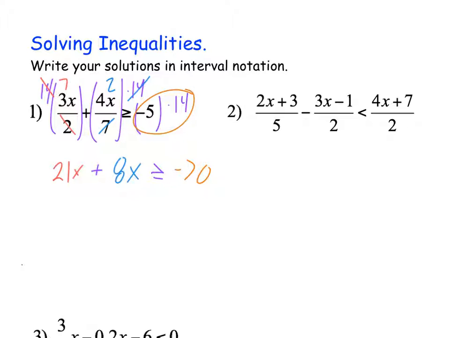I want to combine my x terms here. So that'd be 29 x's is greater than or equal to negative 70. Divide both sides by 29. So x is greater than or equal to negative 70 29ths.